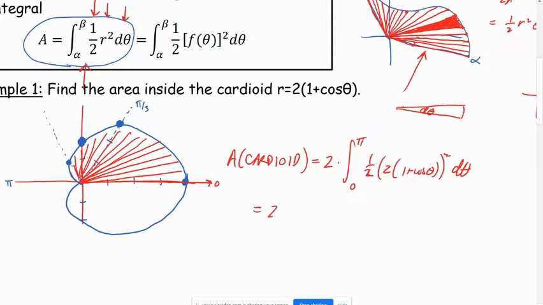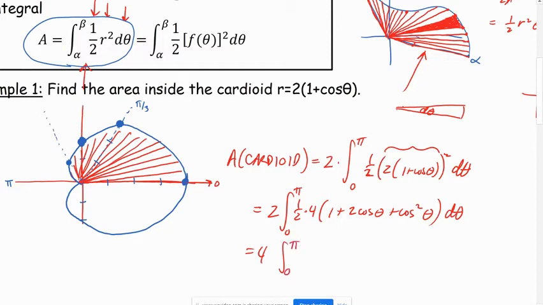And so that is 2 times the integral 1/2 from 0 to pi, and if I square r, then that ends up being 4 times 1 plus 2 cosine theta plus cosine squared theta d theta. And so 1/2 of 4 is 2, and then we have a 2 outside, so that's going to be 4 outside, and then the integral from 0 to pi of 1 plus 2 cosine theta.